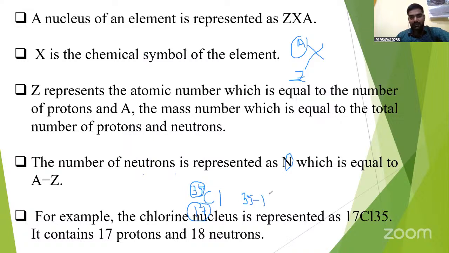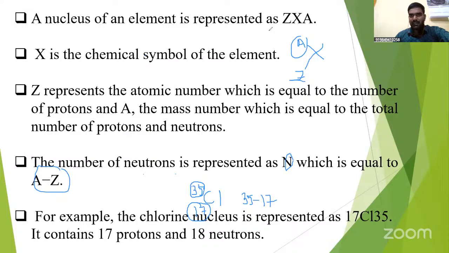This is the formula we have used here: A minus Z, which means 35 minus 17, gives 18 neutrons. So we have 18 neutrons. I hope you understood this one.